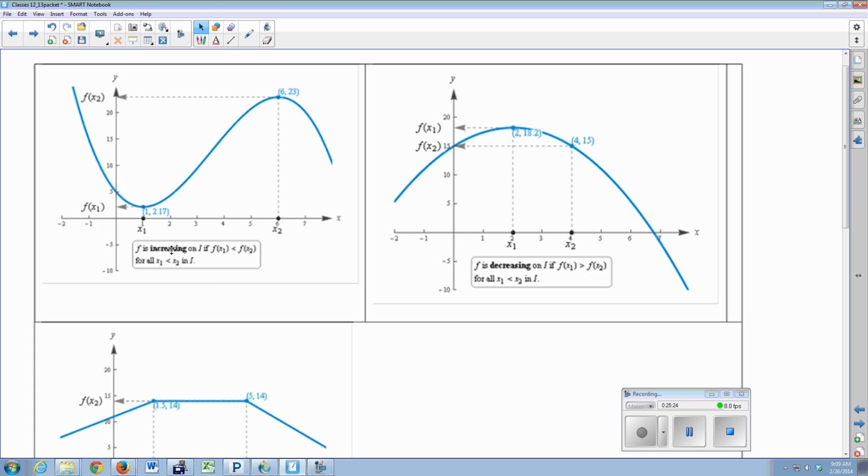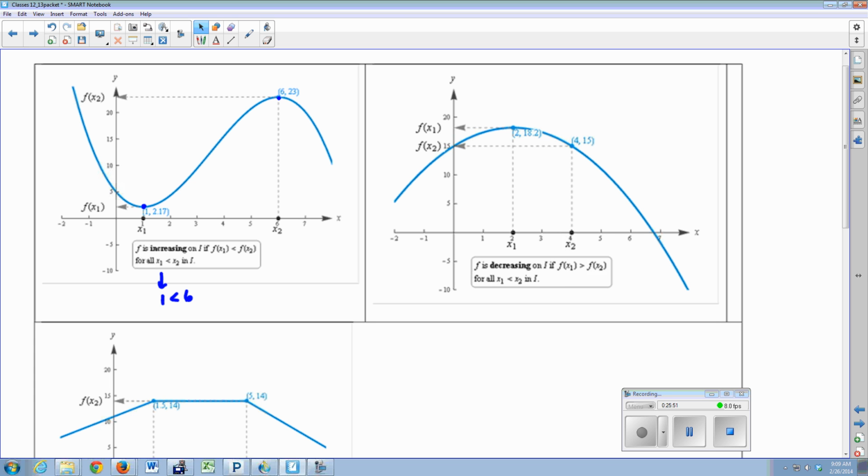Interval, right. F is increasing on the interval if f of x1 is less than f of x2. So they've given you 2 points right here: the point 1, 2.17, and the point 6, 23. So x1 would be the value 1, and x2 would be the value 6.